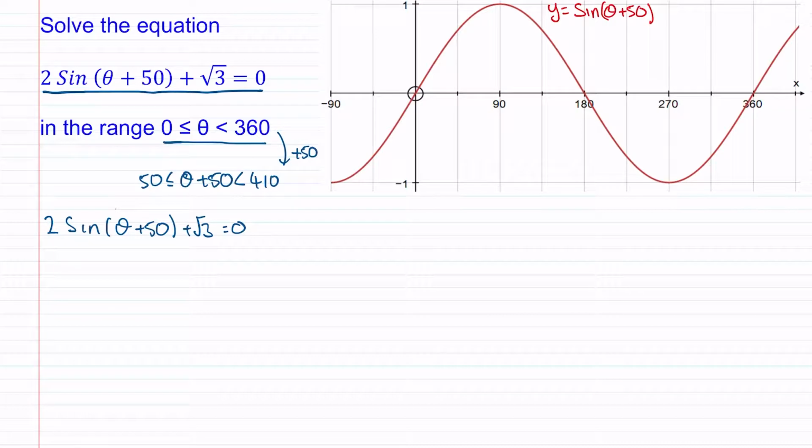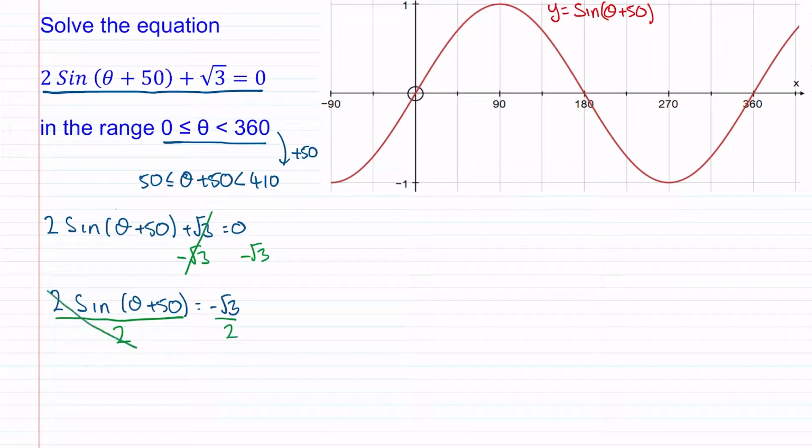The first thing I'm going to do is take away the root 3 from both sides. These will then cancel. So now we have 2 sine of (theta plus 50) is equal to minus root 3. Next, we'll divide both sides by 2.